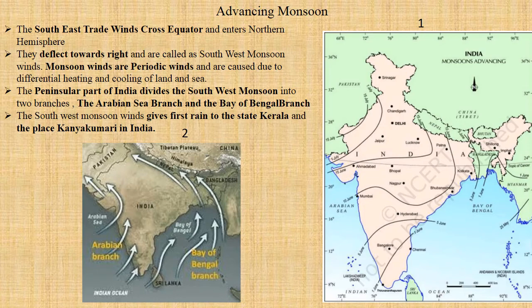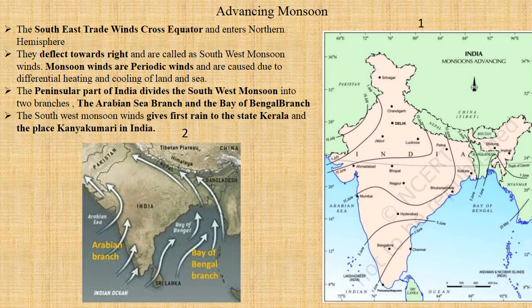It will proceed ahead slowly, week after week. If you look into the map, on 1st June the Kerala and Tamil Nadu part is covered. As we proceed ahead, 5th June, then 10th June, 15th June and 1st July. So in this way, the monsoon will advance from the southern part of our country to the northern part.